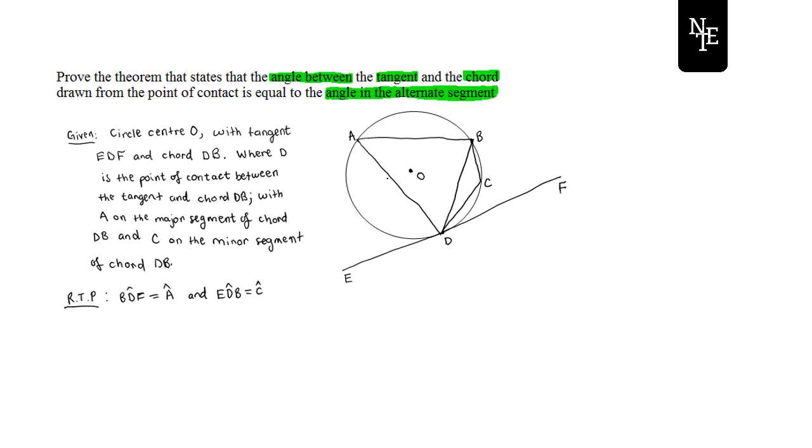These proofs always come down to some sort of construction of radii. So construction: we are going to draw the diameter of the circle.